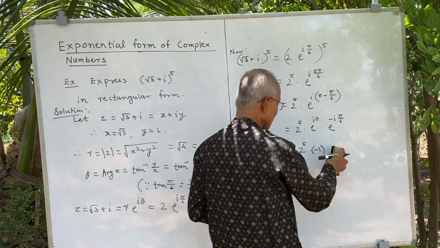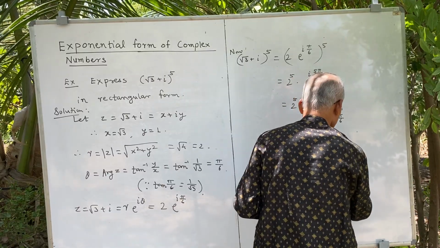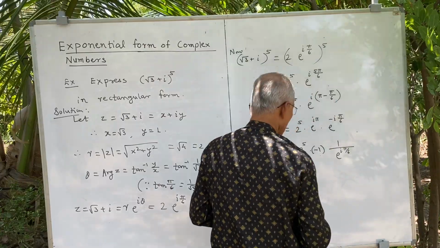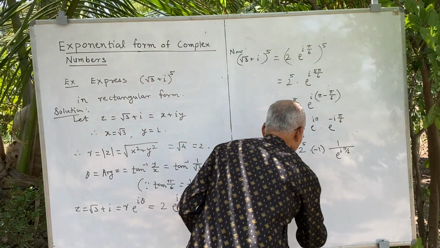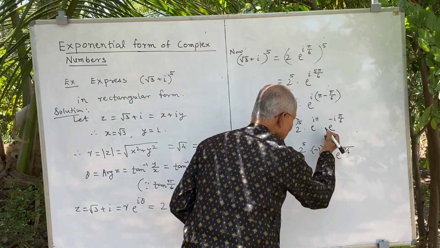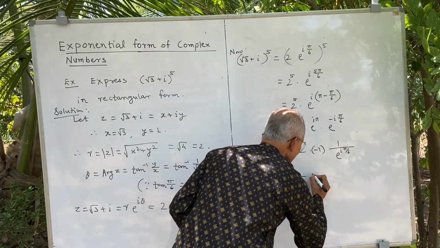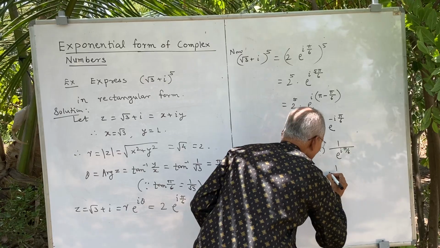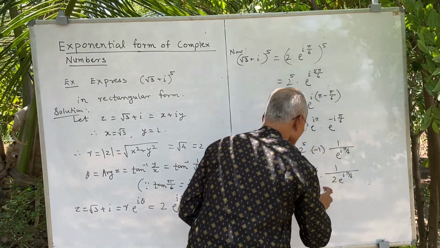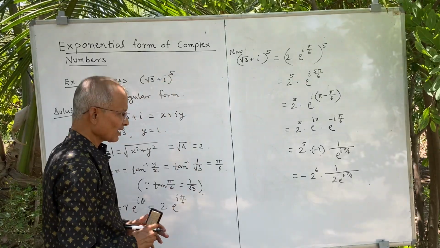So the term can be written with the denominator having a positive power, e power i pi by 6, and we write 2 here. The minus sign can be written separately. That means multiply the numerator and denominator by 2. So this will be 2 raised to 6, times 1 over 2 e power i pi by 6. You know this simplification. Why have we written it?